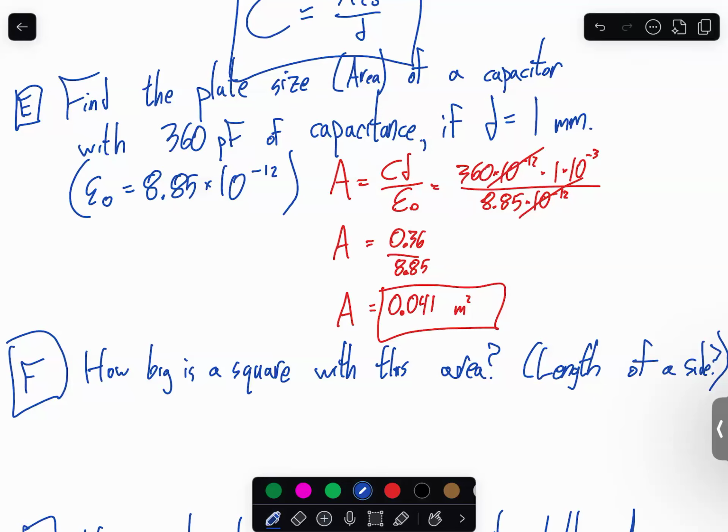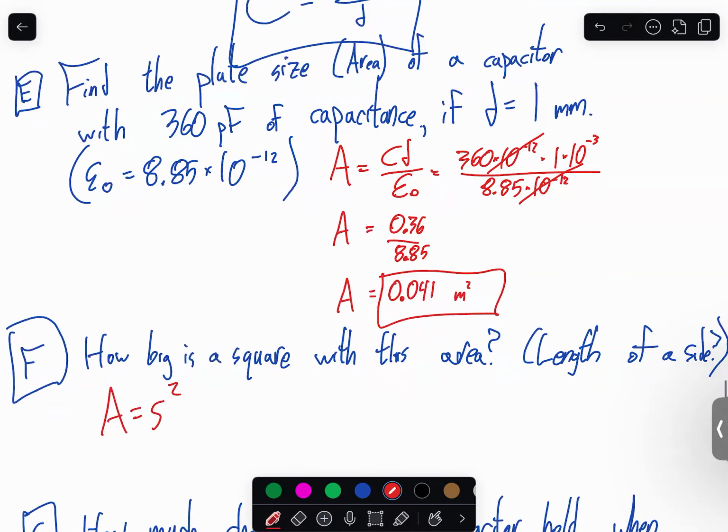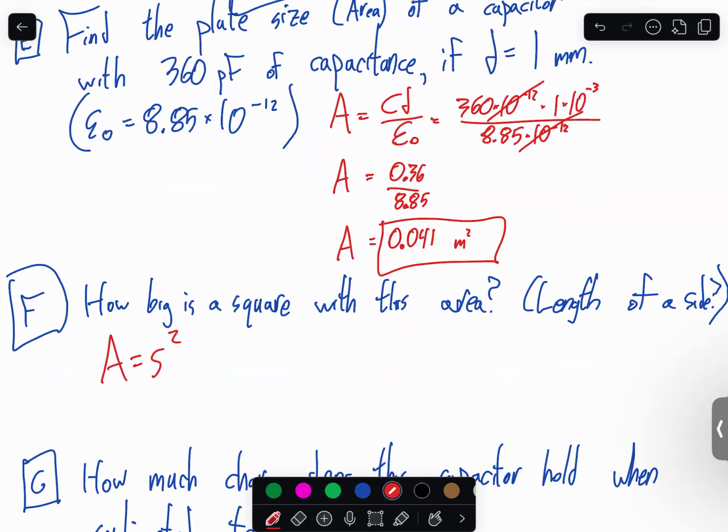Okay, what's the formula for area of a square? Okay, how do I get rid of a square? When I plug in square root of 0.041, this is 0.2 meters-ish.